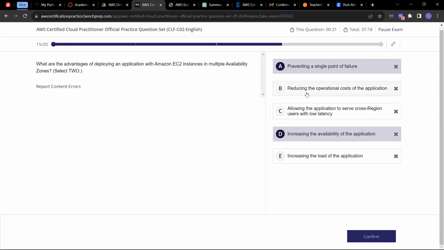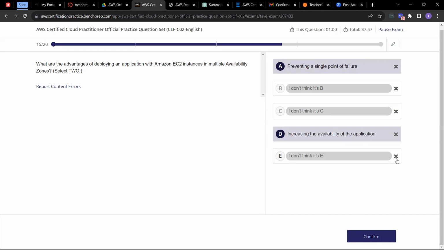You don't reduce operational costs by doing multi-AZ. And you don't serve cross-region, because availability zones are within a region. C is the distractor. If you don't know what a region and an availability zone are, this one will get you. And multiple AZ does not increase the load of the application.